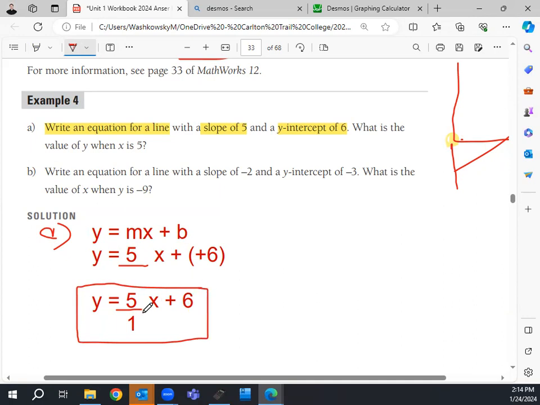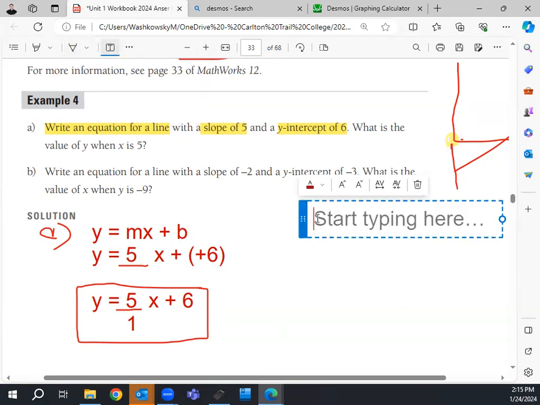I've made an equation. All I need in my equation is two things: y-intercept and slope. I don't care what the y is. I don't care what the x is, because I just use those to find different things. So all I care about is what the slope is and what the y-intercept is.